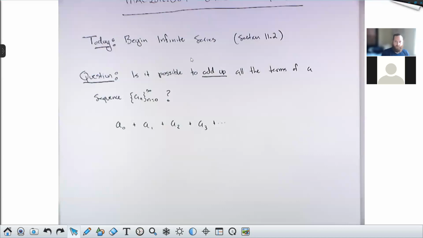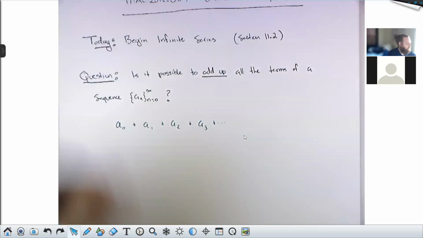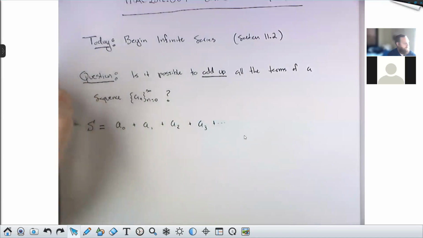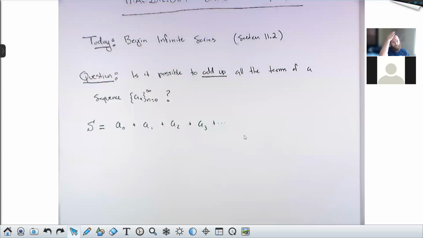Such an object, we might want to give it a name, so I don't have to write this whole thing each time. So let me call it S, capital S here, standing for the word series. Is this something we can do? That's the question.